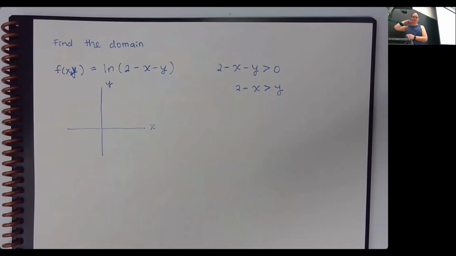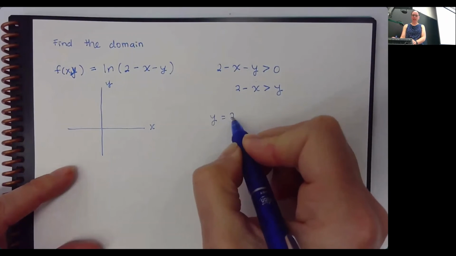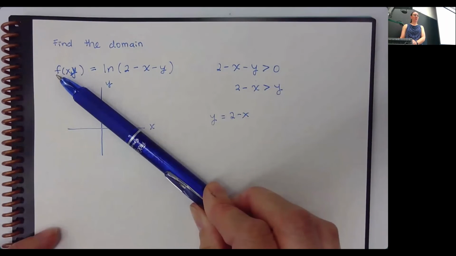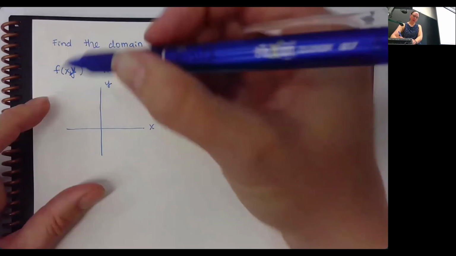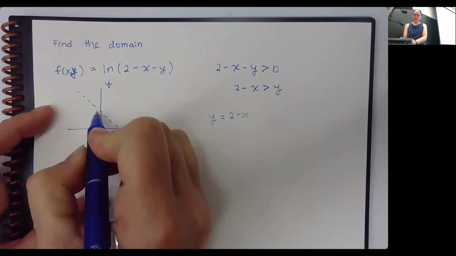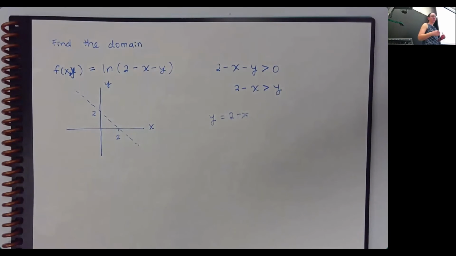So on the xy plane, the graph of y equals 2 minus x would be a line that kind of looks like that. But because it has to be greater than, I'm going to put in a dashed line. So there's 2, there's 2. And then I need to shade the side of it that matches our constraint.